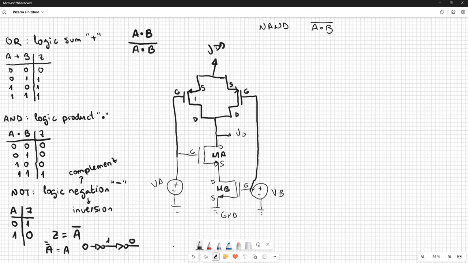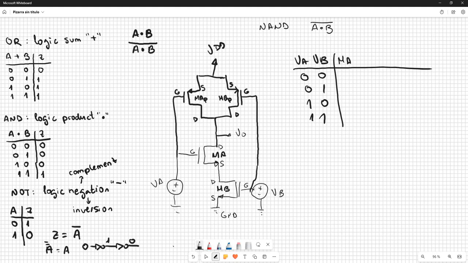This is going to be the complementary A PMOS and the complementary B PMOS. So we are going to analyze what happens now, the 4 combinations and the 4 transistors.